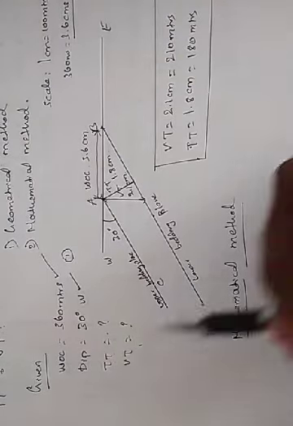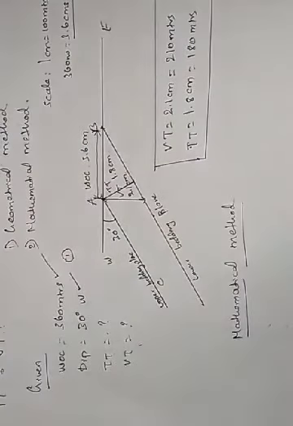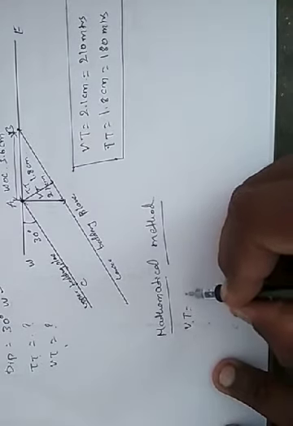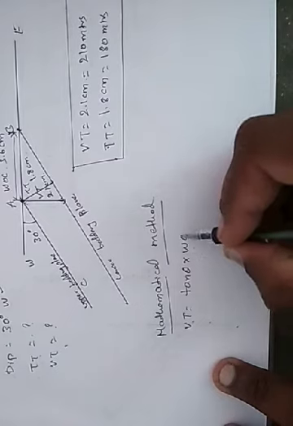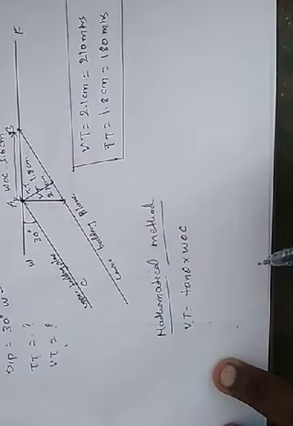Whatever values are given in the problem, by using those values, we need to determine the vertical thickness and true thickness. For vertical thickness, the formula is tan theta into WOC, that is width of outcrop. Theta is the dip value which is provided in the problem.